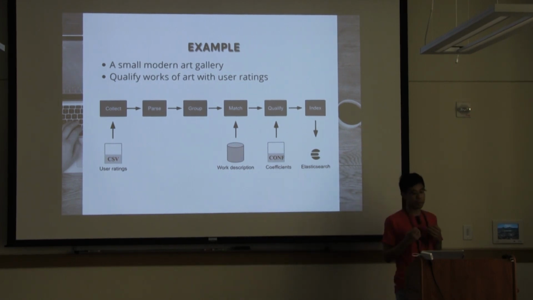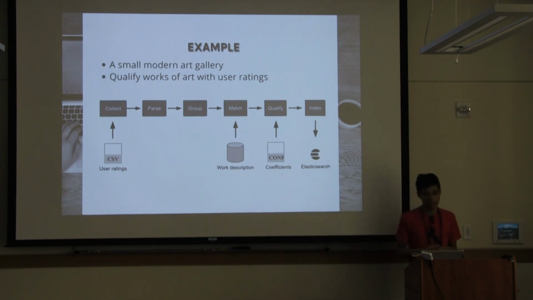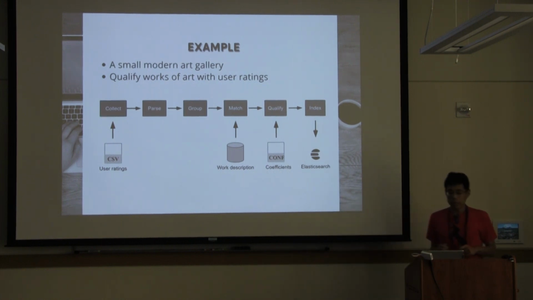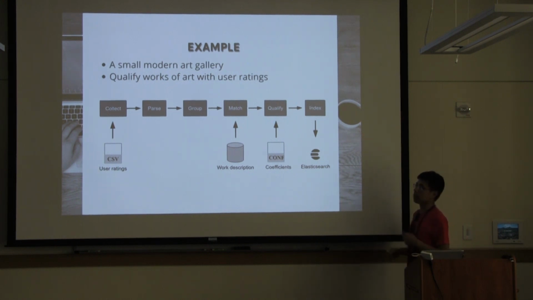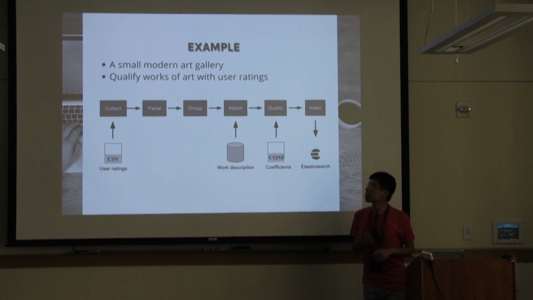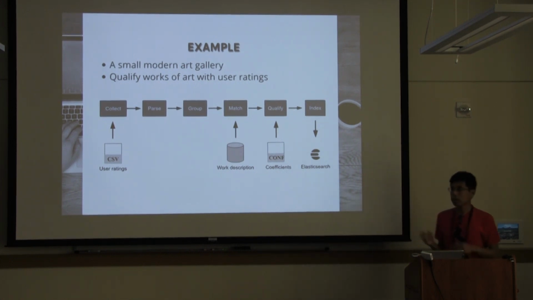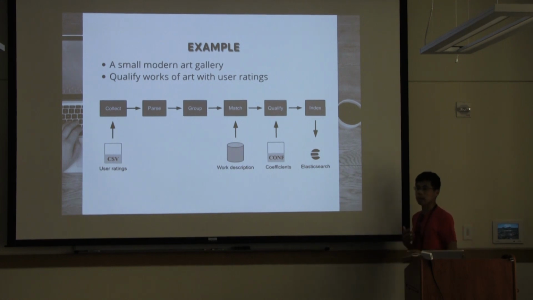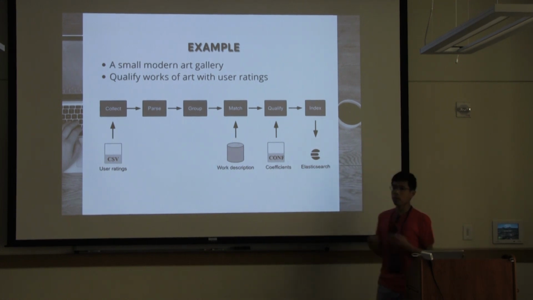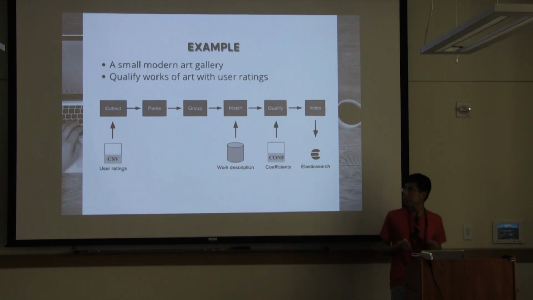Now, how does the code work? Well, here you have the entire pipeline. First, it's a workflow that first collects all the user ratings from a CSV file. It parses those ratings. It groups them by work of art. It tries to match them on works that are already known and for which we already have expert ratings.